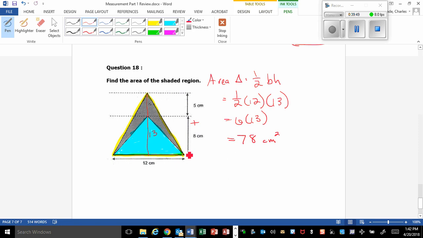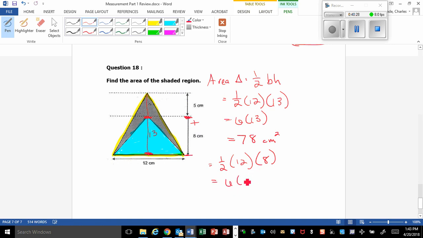Okay? So now I've got to find the area of the blue shaded one and subtract that from the overall triangle. So let's just redo the formula. 1/2, and I'm just going to plug it directly in. Base is the same, 12. And this time, the height of the blue one is 8.